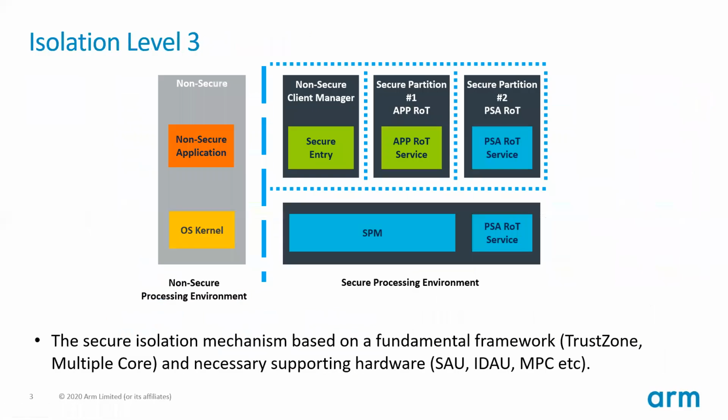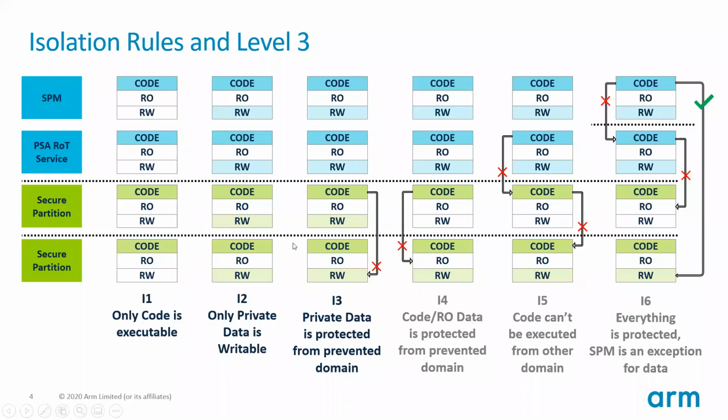Now we jump to the isolation rules and level 3. I drew some diagrams and blocks to describe that. First, the rules from I1 to I3 are mandatory. I1 is that only code is executable, and I2 is that only private data is writable. I3 is that private data is protected from other domains.